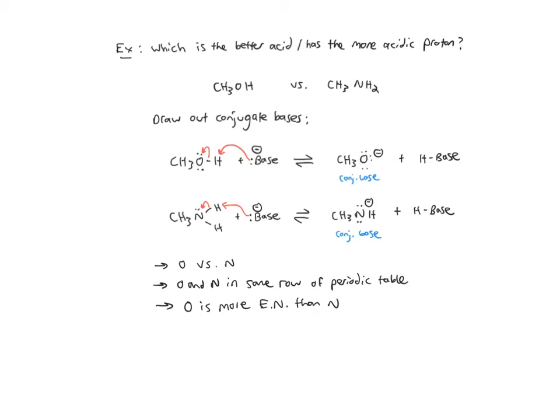It can actually pull in that charge and help stabilize it with that electrostatic attraction with the protons in its nucleus. And so being more electronegative is going to be favorable for stabilizing that negative charge. So we can say all that by saying that oxygen can handle the negative charge better.